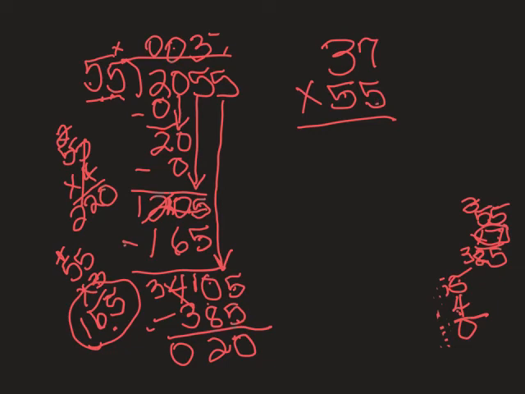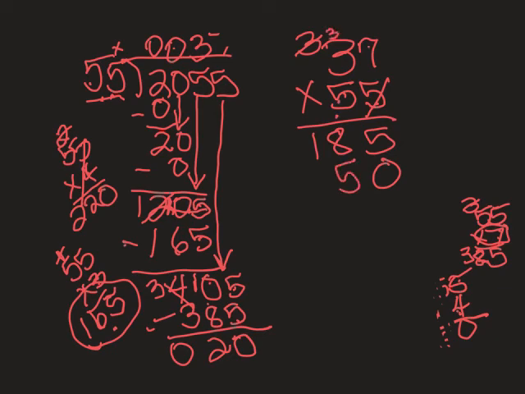5 times 7 is 35. Carry my 3, 5. 5 times 3 is 15 plus 3 is 18. So I have 185. I'm done with the 5. I mark the spot. Now I go to the tens. 5 times 7 is 35.